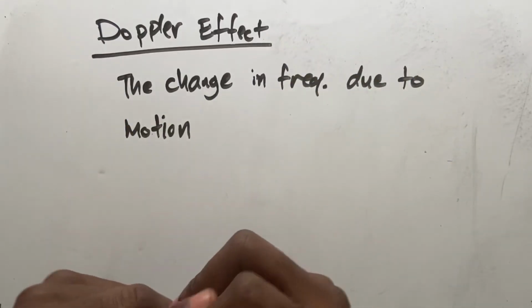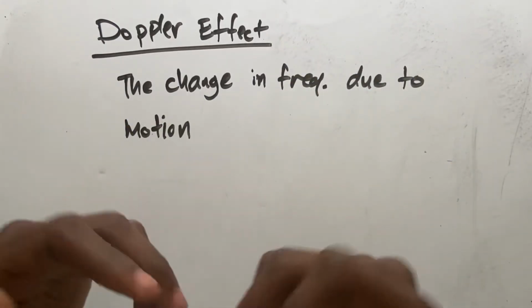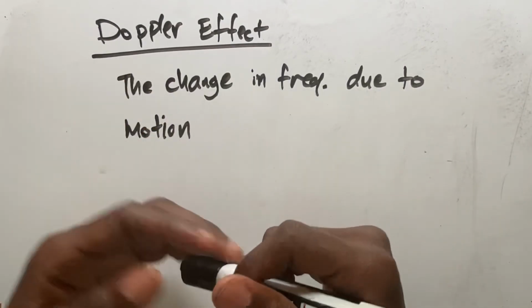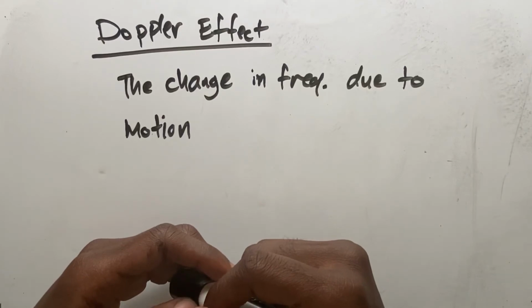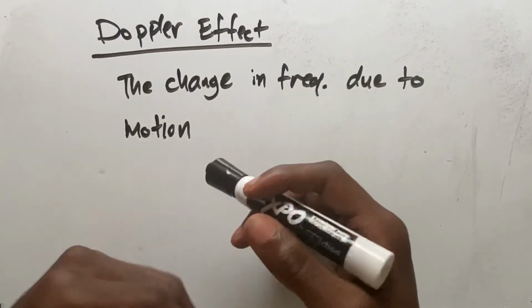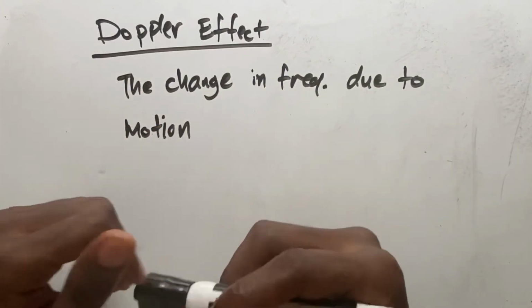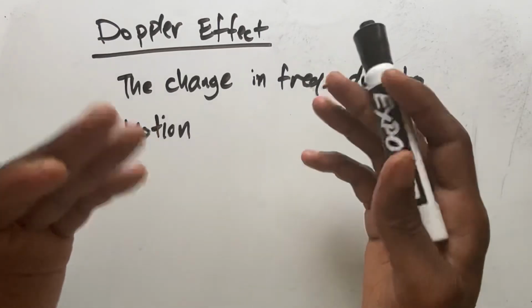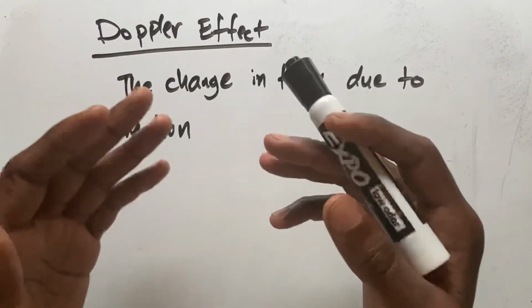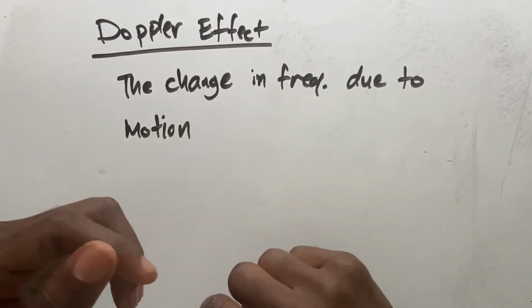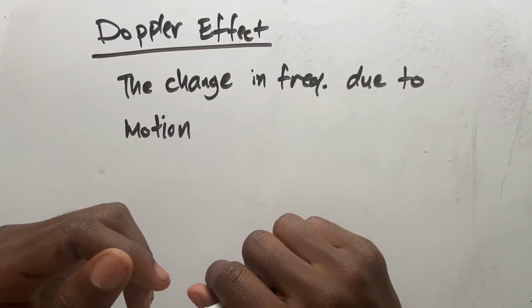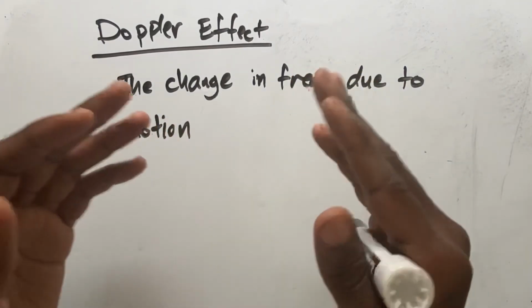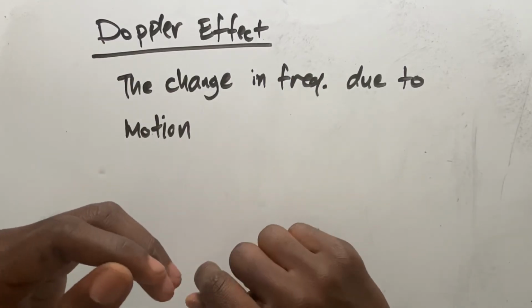An easy example of this is, let's say you're standing outside and there is an ambulance coming from down the street. You hear the ambulance as it gets closer and closer, right? But as it gets closer and closer, the sounds that it makes seem to be at a higher pitch. It doesn't just get louder, but the pitch of it changes.